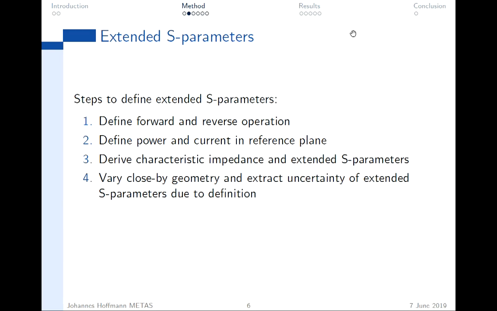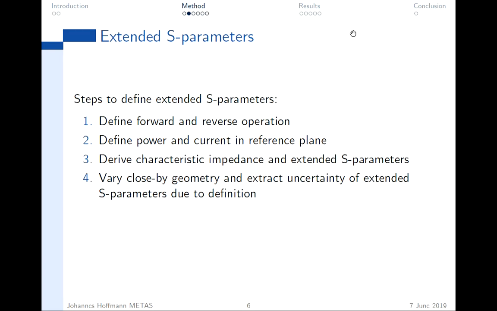And as already said, there is this problem with the dielectric in the interface, because when you define S parameters, what you want is monomode propagation in the reference plane, and this dielectric interface definitely makes it non-monomode, or multimode, better to say. So what we use here is called extended S parameters, and to define them, first we define forward and reverse operation.